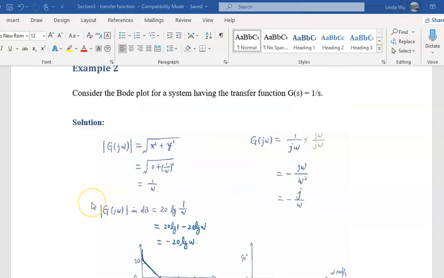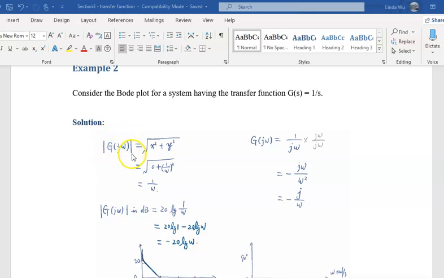This one is in quiz 2. One question asked for what's the frequency response function. This is G(j omega), our frequency response function. And then this is the magnitude.